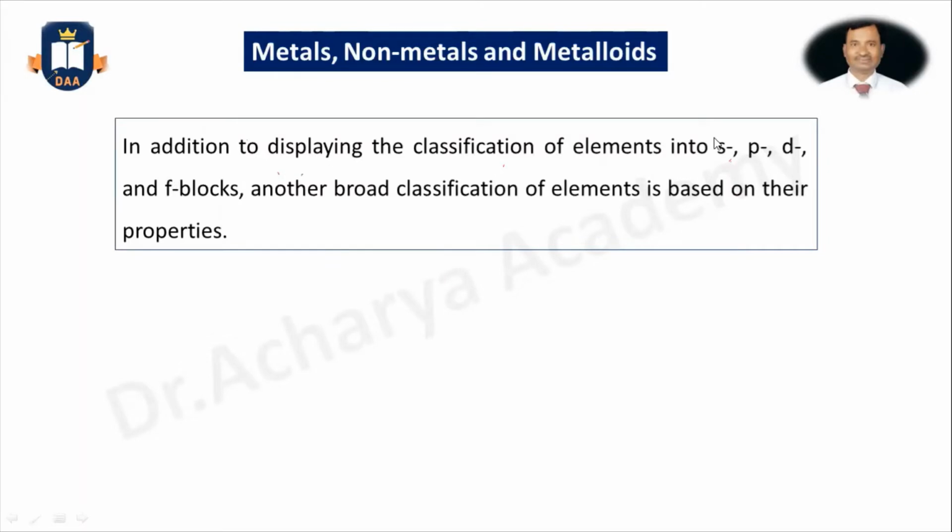Previously, I discussed the s, p, d and f block elements and their classification, and another broad classification is in respect of metals, nonmetals and metalloids. How do we segregate metals, nonmetals and metalloids considering the periodic table of elements, that I am going to discuss now.